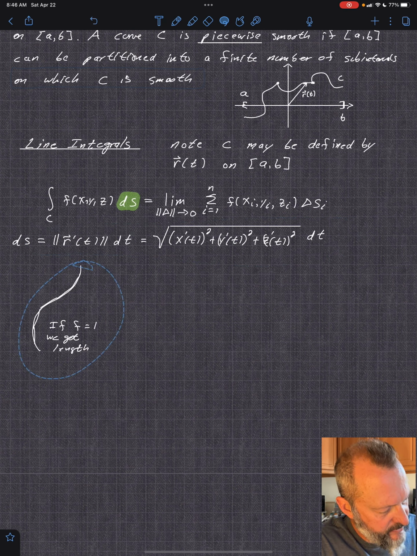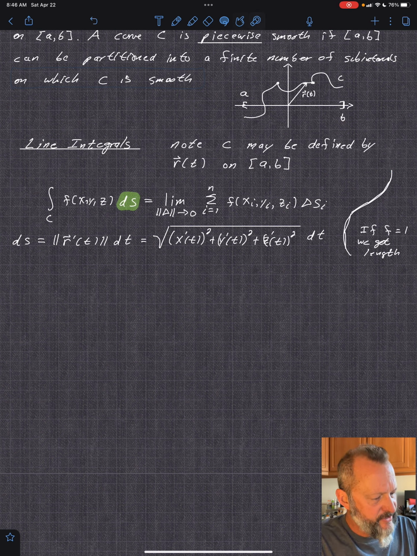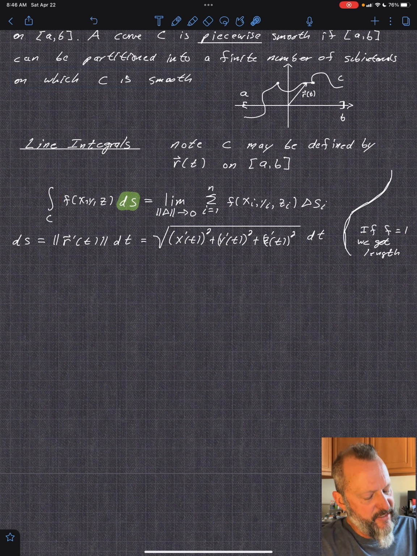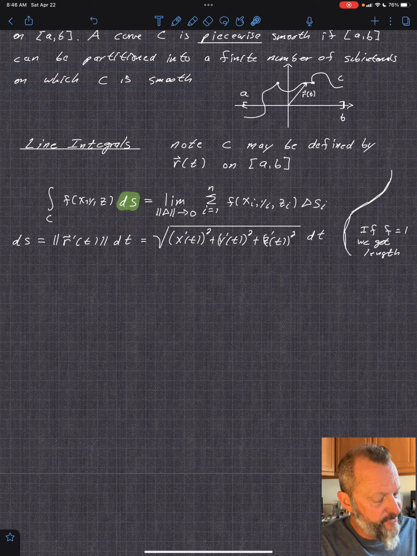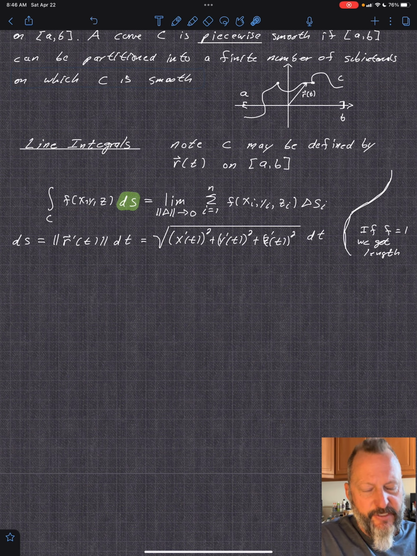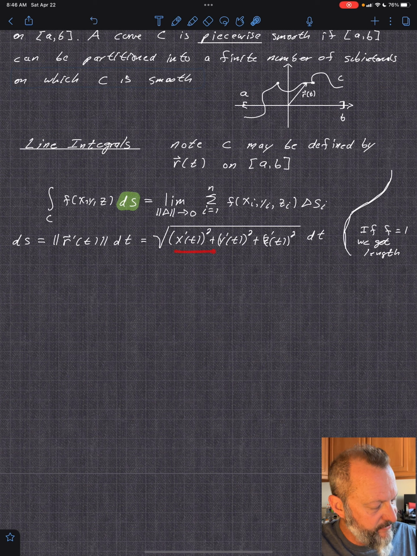Okay. And then, as I mentioned a second ago, if this f is 1, then all this means, that's a formula we would have derived a while ago. That just means you're adding up the lengths, and that is derived using like mean value theorems and stuff like that.